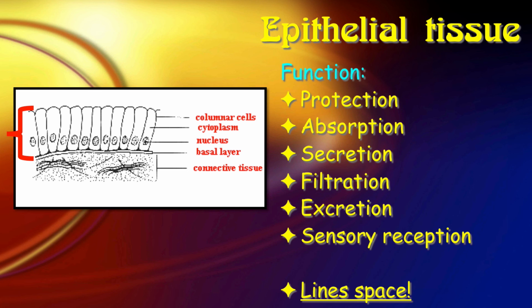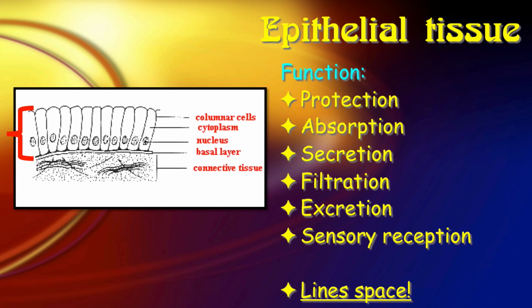Now, a lot of these epithelial tissues also have nerve endings in them. So while the epithelial cells are not able to carry out sensory function, which is a nervous function, because the nerve endings are in between them, the tissue itself has some sensory function. So we may see sensory reception as well.